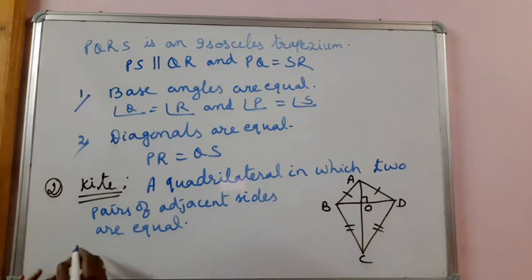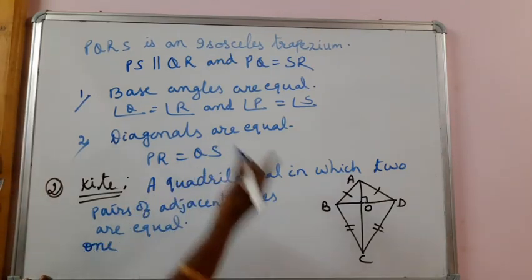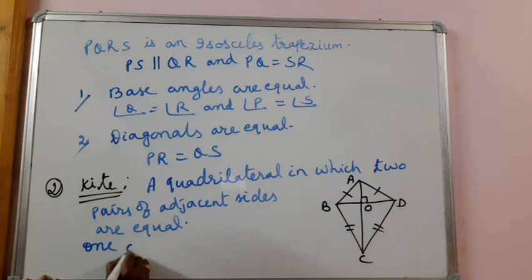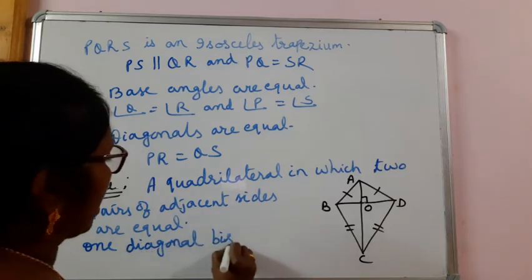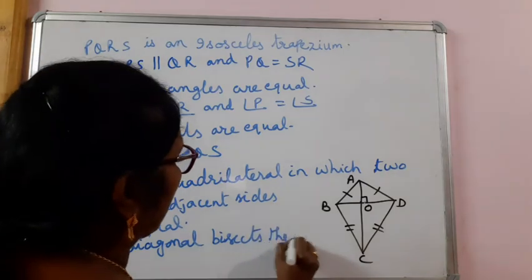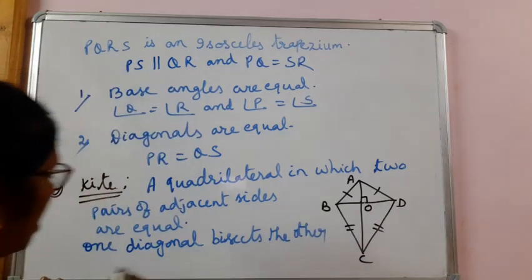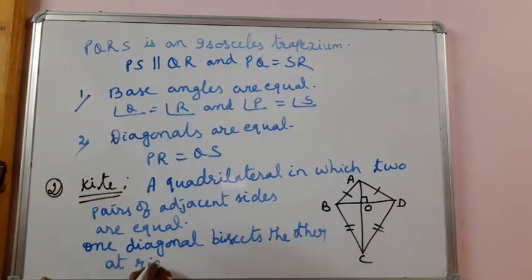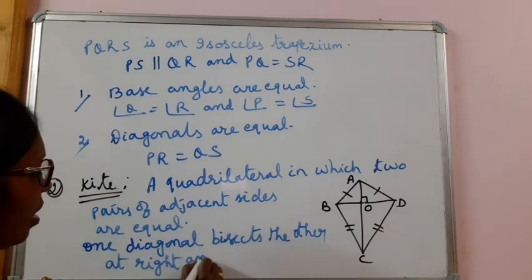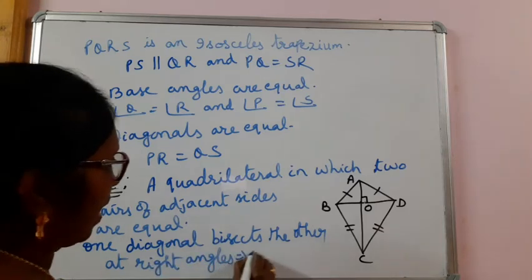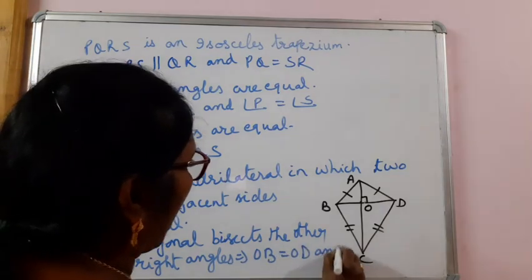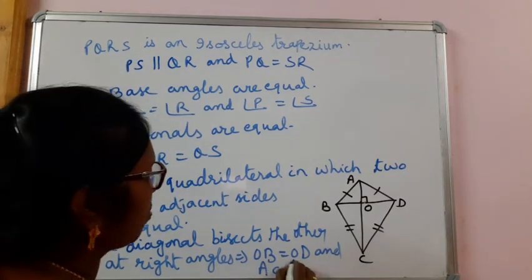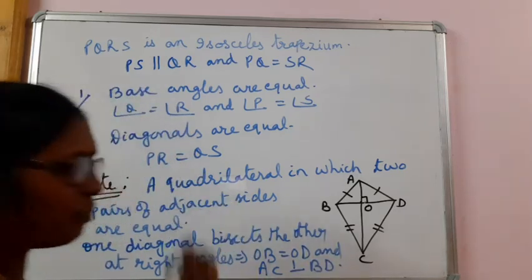Here, one diagonal, the longer diagonal, bisects the other at right angles. That means OB is equal to OD and AC is perpendicular to BD.